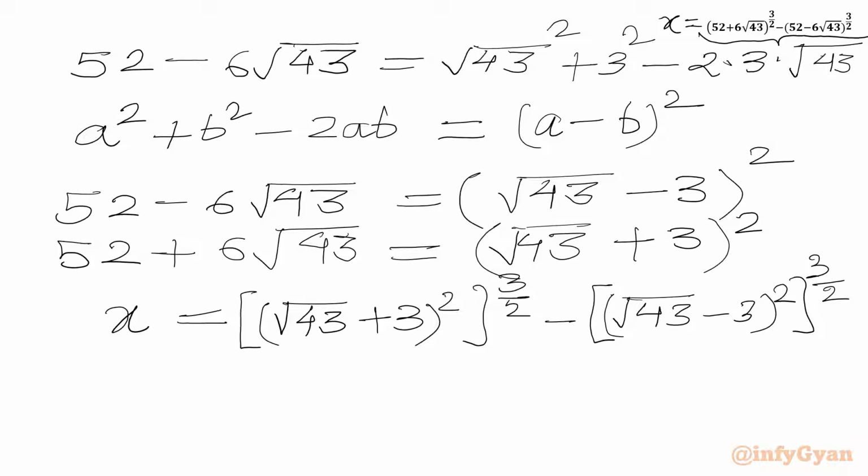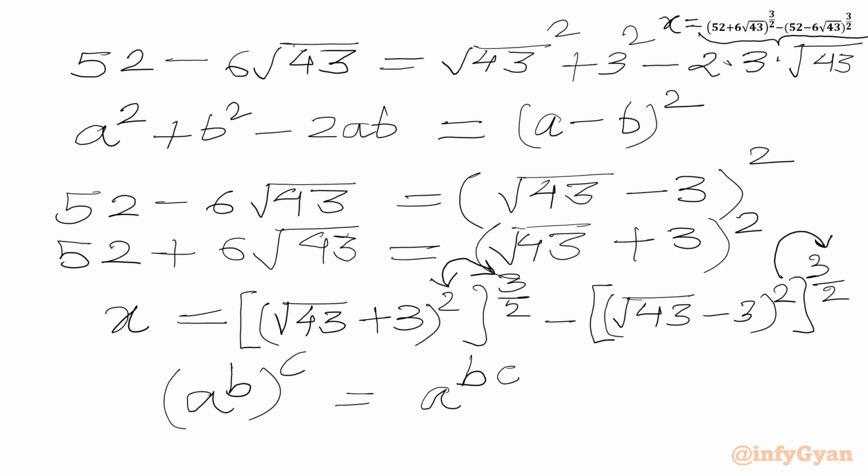Now we will use the power rule, which says (a^b)^c can be written as a^(b times c). So we have to multiply these two powers.